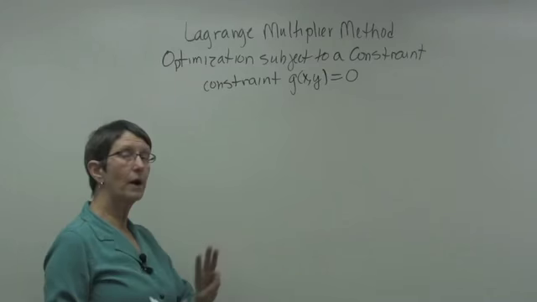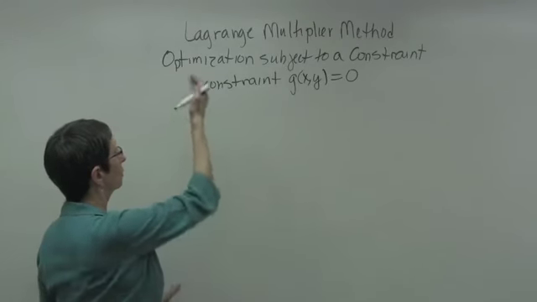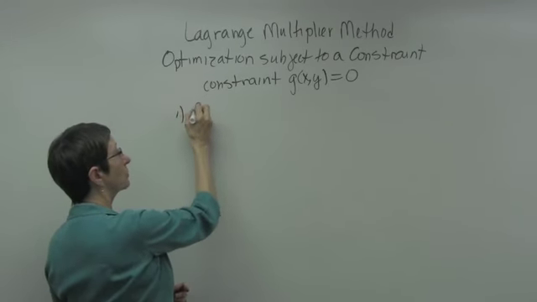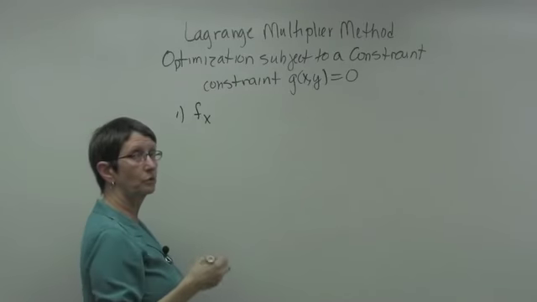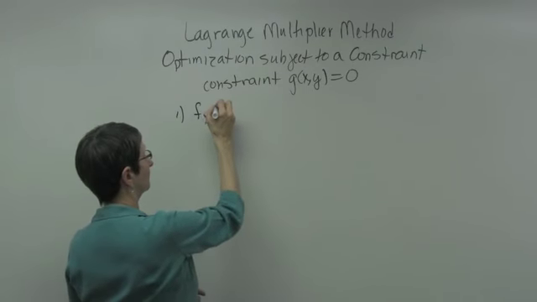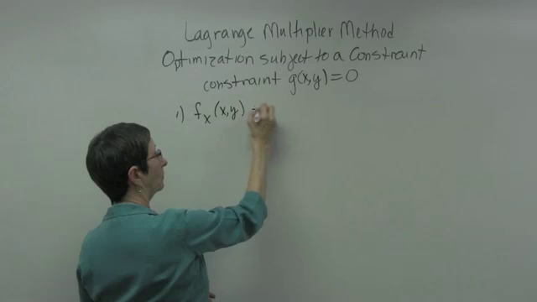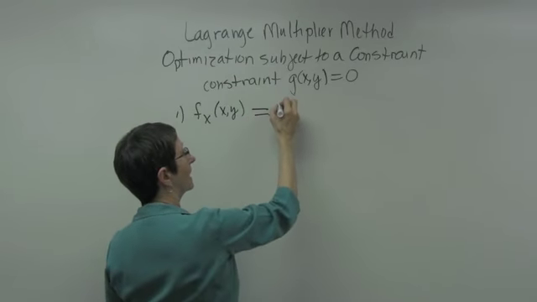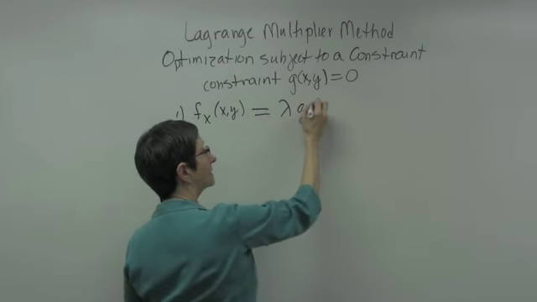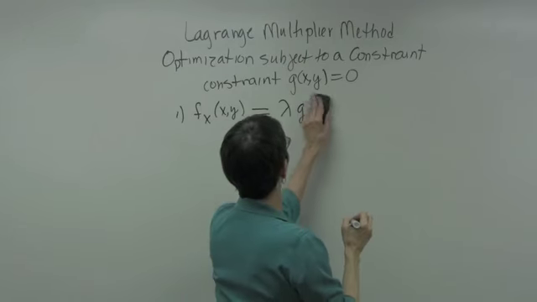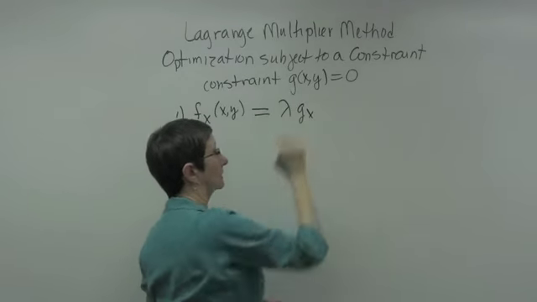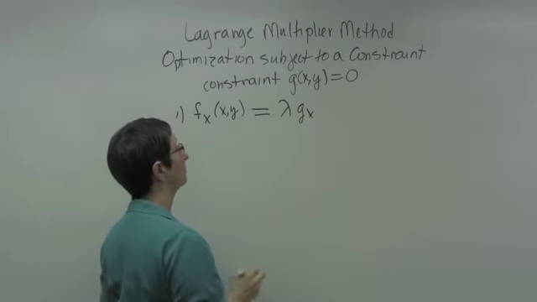And there will be 3 equations that we use with this method. The first equation will take the partial of our function with respect to x, set it equal to lambda times the partial with respect to x of g of xy, this function here.